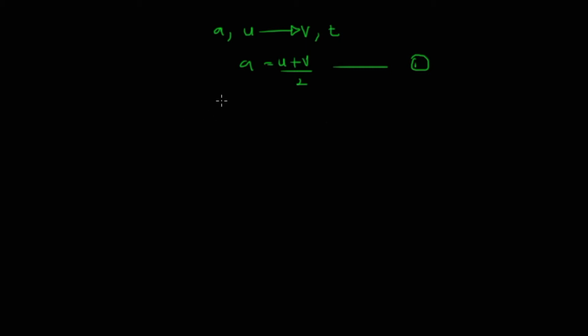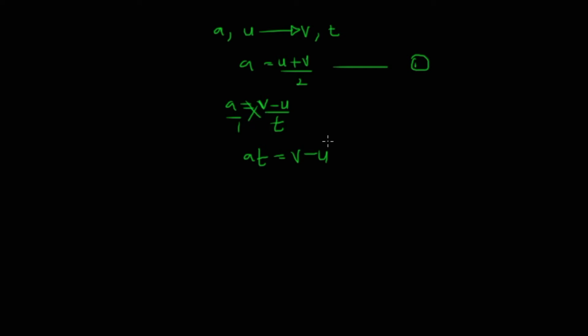Now recall that acceleration is the rate of change of velocity, so that is the final velocity minus the initial velocity upon time. If I cross multiply, I'll have at equals v minus u.